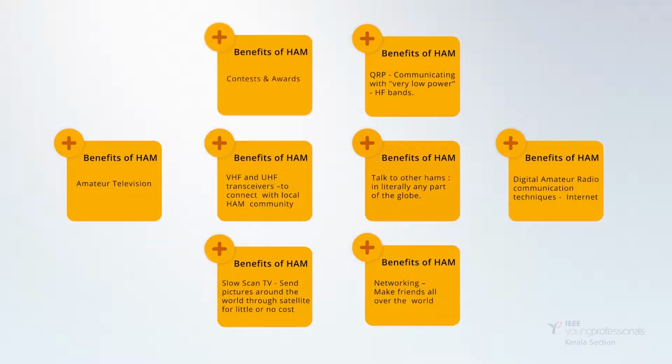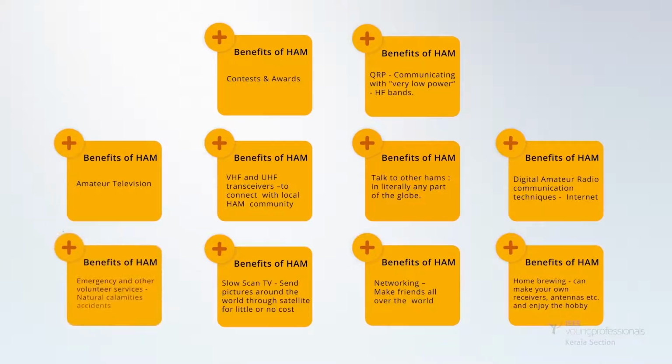We can contest and win awards. We can make our own transmitter, receiver or antenna and enjoy the hobby of home brewing. [You can help] for floods, landslides, tsunamis, earthquakes, cyclones and accidents. You can be an emergency communication volunteer.